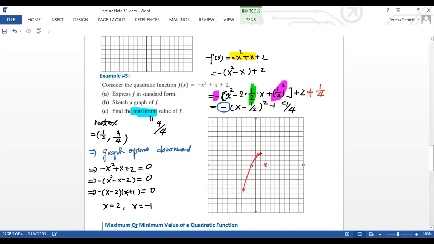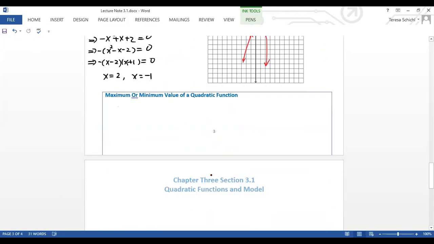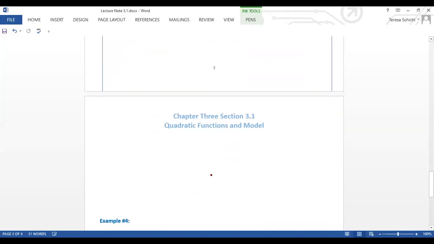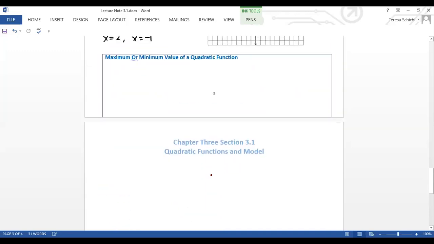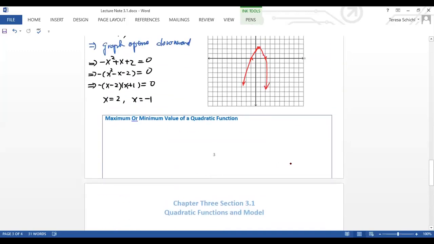So this is what your quadratic is going to look like, right? Because it's open downward, I have the maxima here. So the next thing here basically is telling you, of course you can use the vertex form, right?